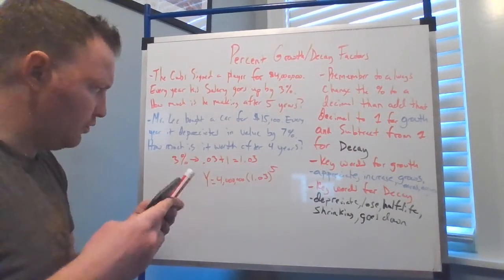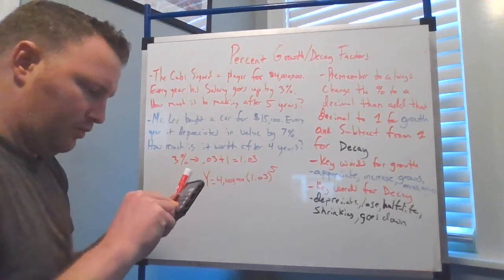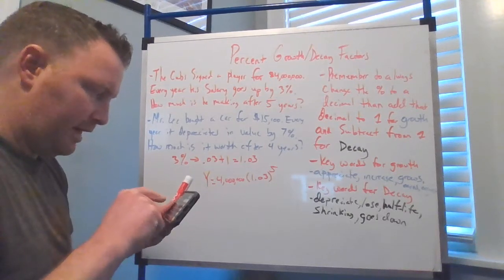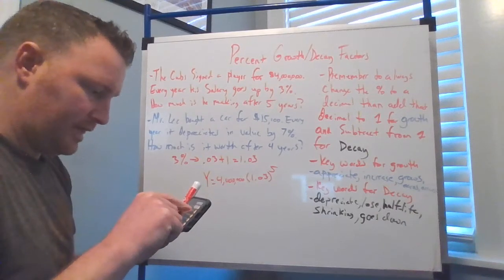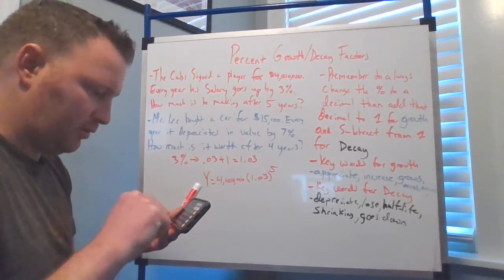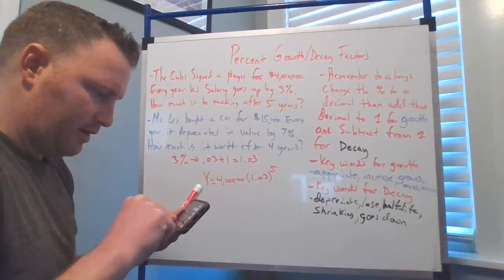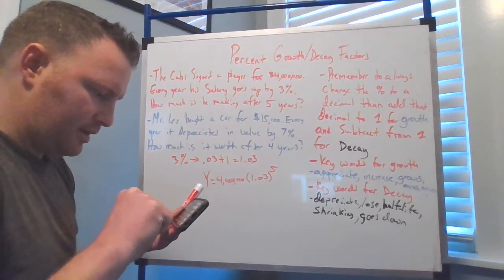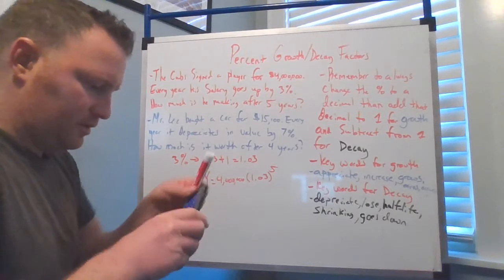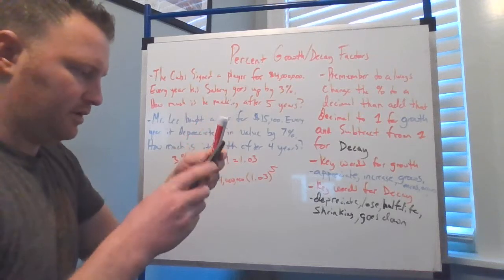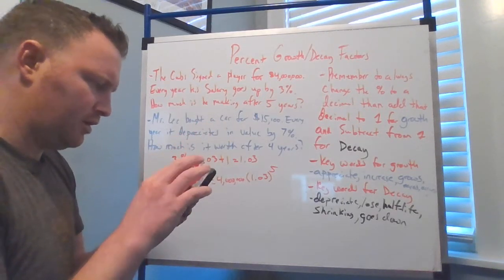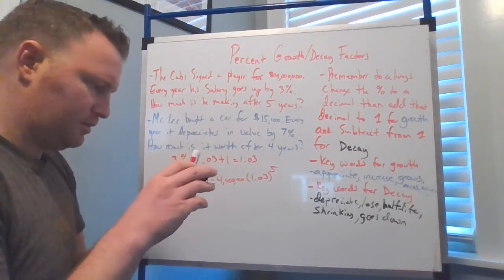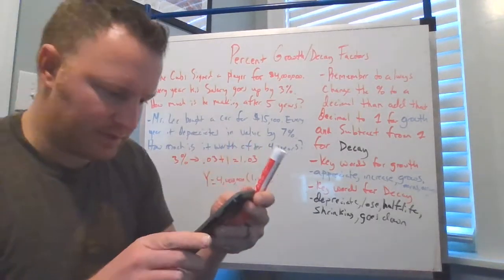And I'm going to do 1.03 to the power of 5 equals that number. Take that exact decimal answer, multiply it by 4 million. And I get an answer of... what did I do wrong? Hold on, my calculator's messed up.